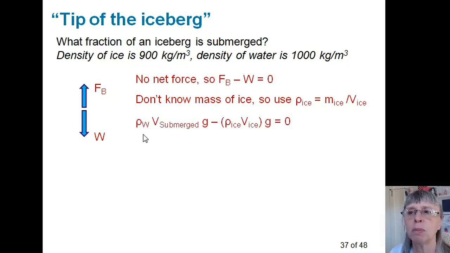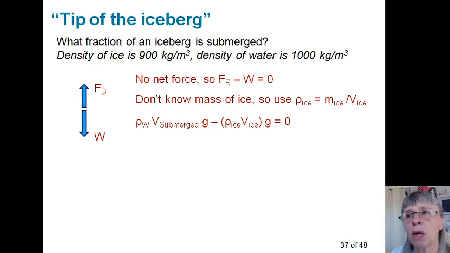So here's the buoyant force, density of the water times the volume of the iceberg that's submerged times g, minus the weight. So here's the mass of the iceberg, I rewrote this. The mass is density times volume: density of the ice times the volume of the ice. Now this is the total volume of the ice, where this is just the volume that's submerged, times g. And we know that those two forces net out to zero.